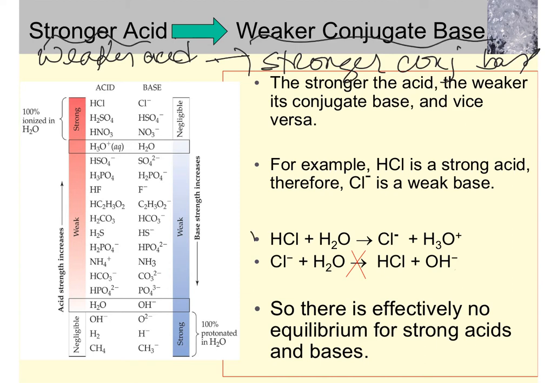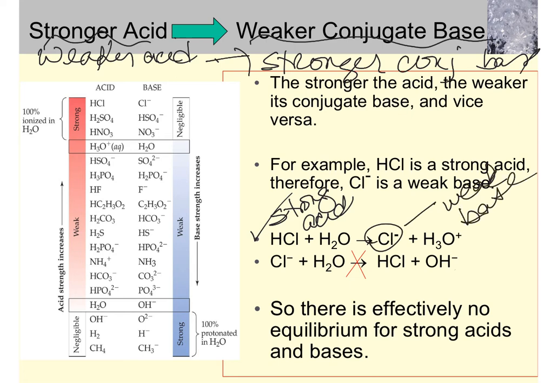So, going back to our HCl example, if we start with a strong acid, the conjugate base we get should be weak. And the stronger the original acid is, the weaker the conjugate base it forms is. As a matter of fact, chloride is such a weak base that in water it effectively doesn't act like a base at all.